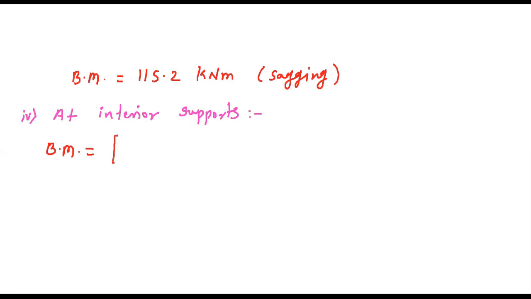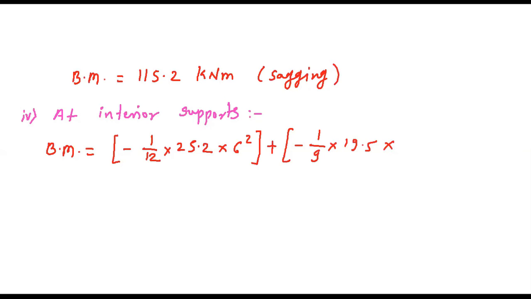So it is minus 1 by 12 into 25.2 into, for interior span it is 6 meters square, plus minus 1 by 9 into 19.5 into 6 square.